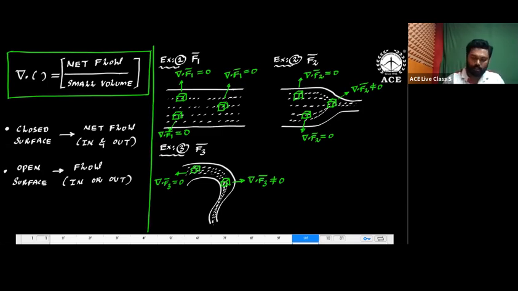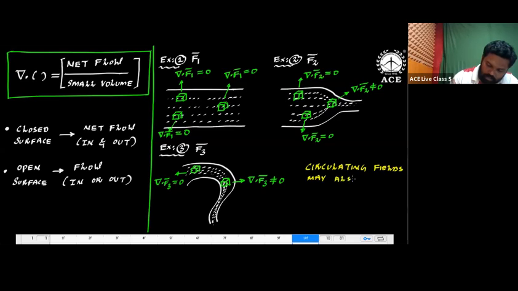Clear? So what is the extremely important statement you can expect here? Circulating fields may also have divergence.